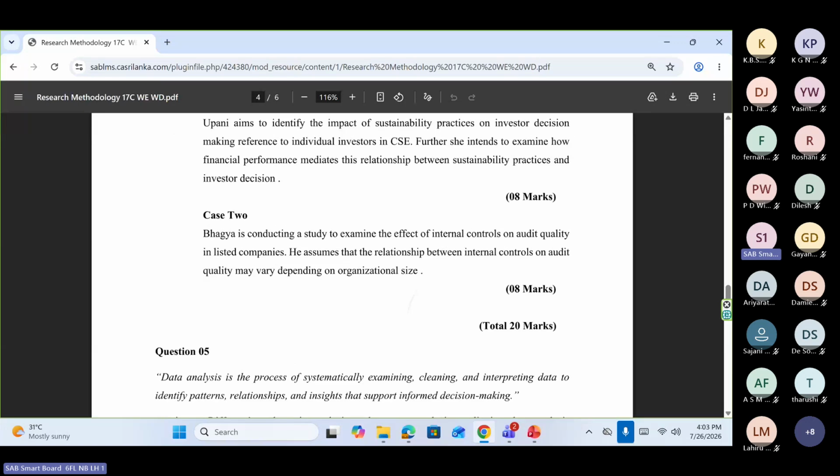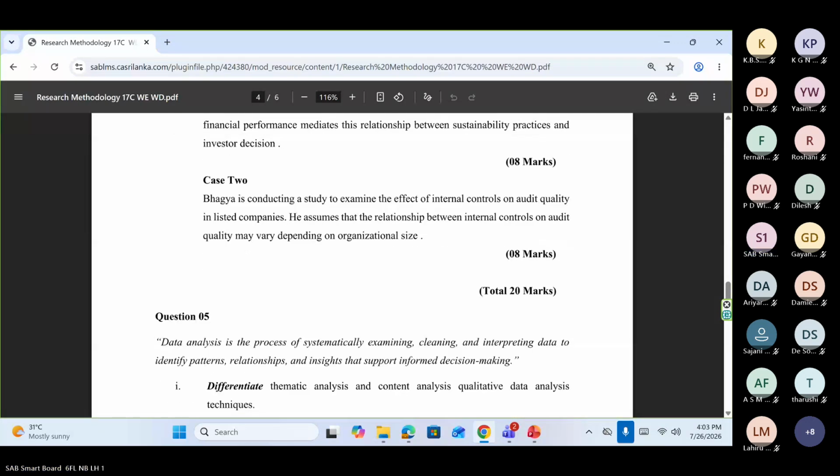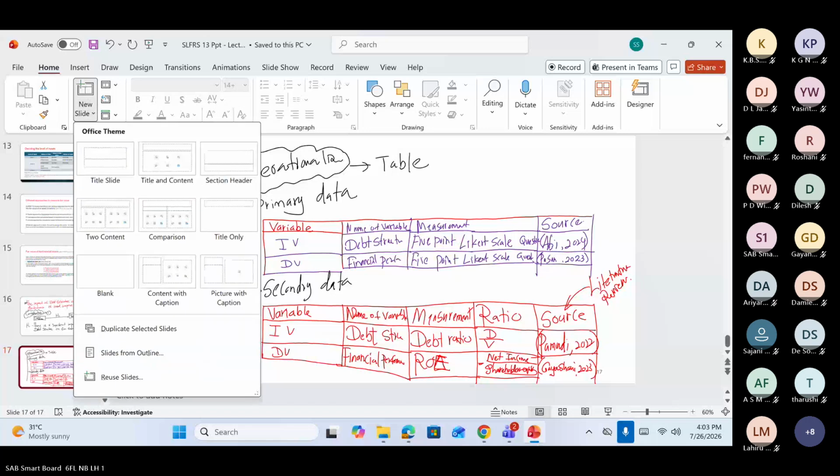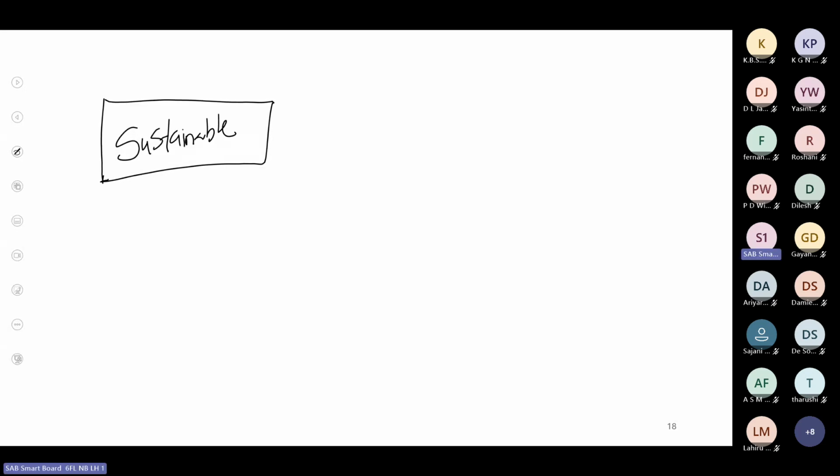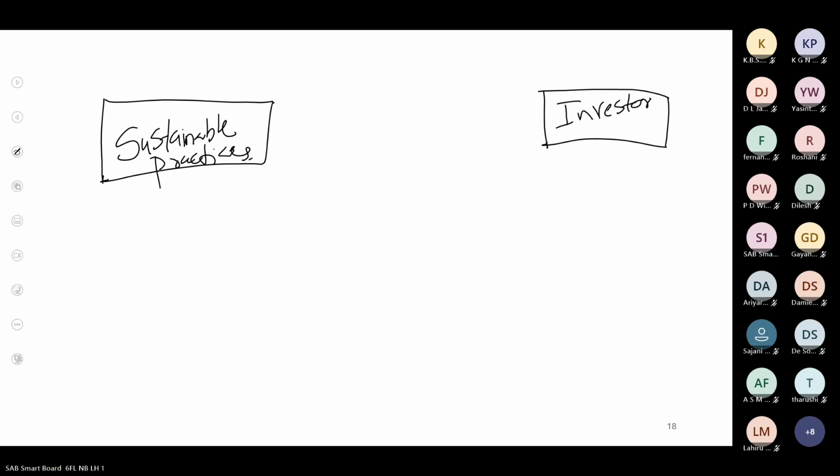Right, so we'll go to the presentation again. Sustainable practices depend on what? Investor decision making, DM.